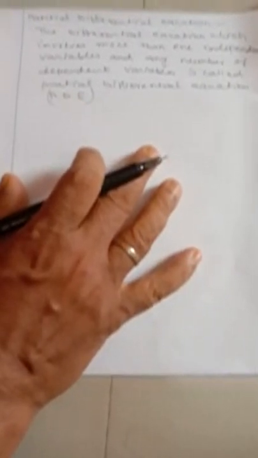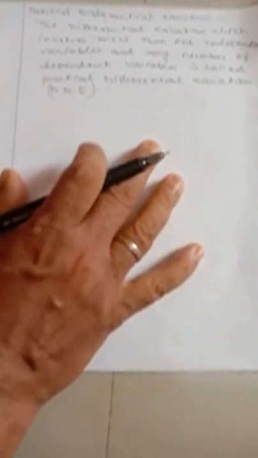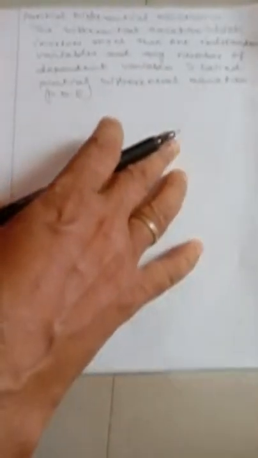Generally, if a differential equation is given, then we find the solution for the differential equation. But in our present topic, we will construct a differential equation for a given function.